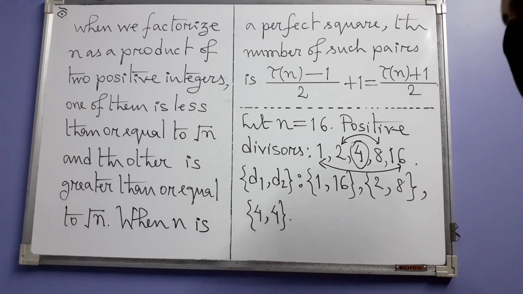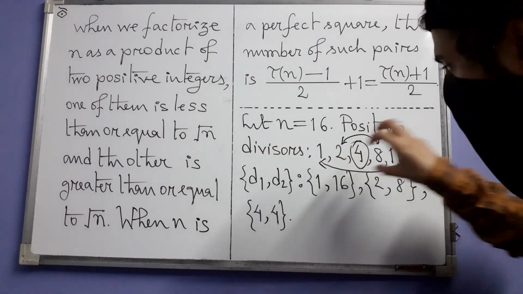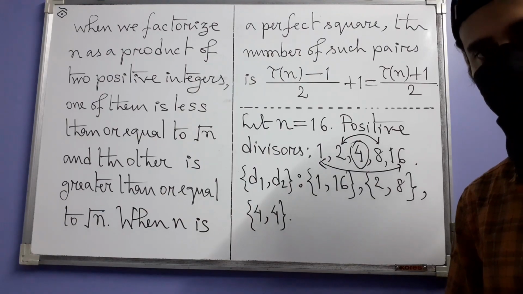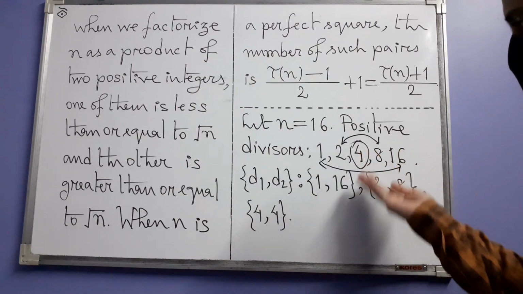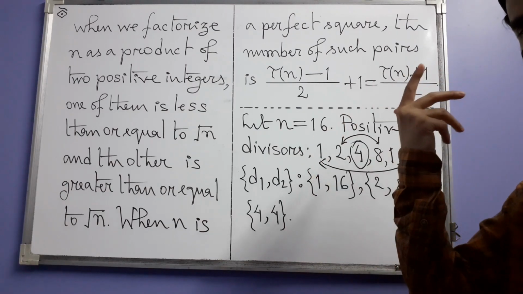It has no one else. So that means, how many such pairs are you getting? That is the question. So if you momentarily forget about this 4, let's just leave this 4 out.